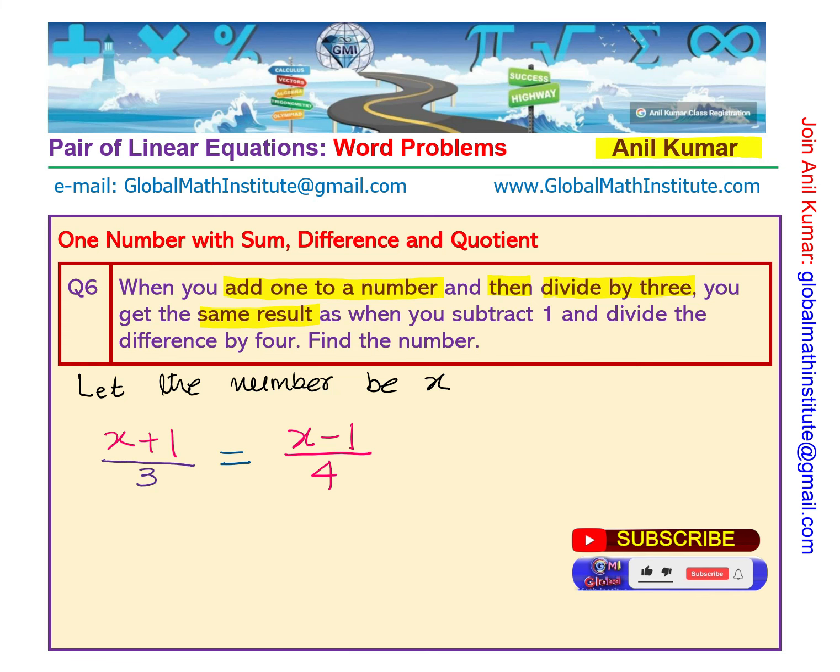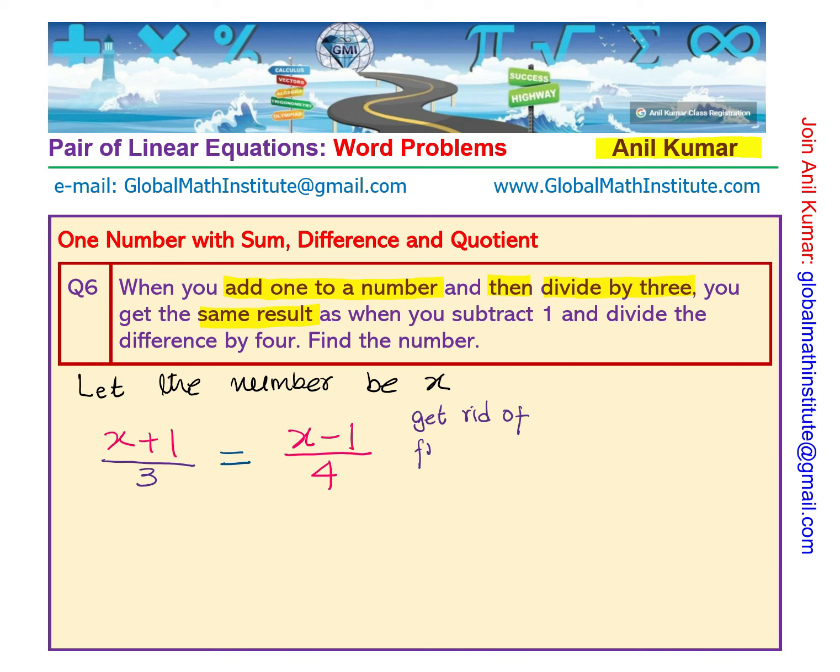Cross multiplication, of course, is one technique. So how do we solve it? The other technique which we talk about is get rid of fractions. How do we do it? We look for the common denominator. The lowest common multiple, or common denominator, here is 12. So we're going to multiply each side by 12 and then solve.